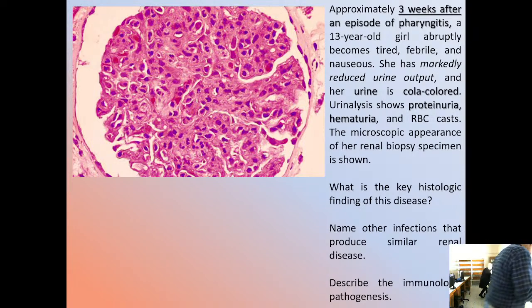What's the difference here between this case and the previous one? Are there many cells in the glomerulus? Yes, there are many cells. However, what is different between this hypercellularity and the previous one? To see if it is diffuse, you have to see all the glomeruli.